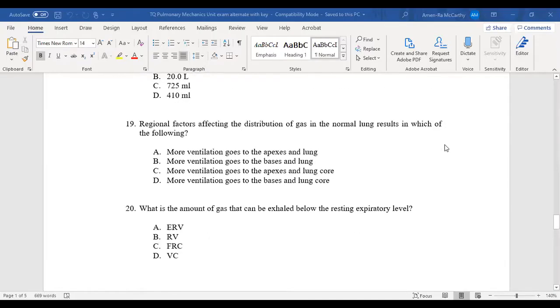Number 19, regional factors affecting the distribution of gas in the normal lung result in which of the following? So which one of these statements is true about ventilation and the region of the lung?